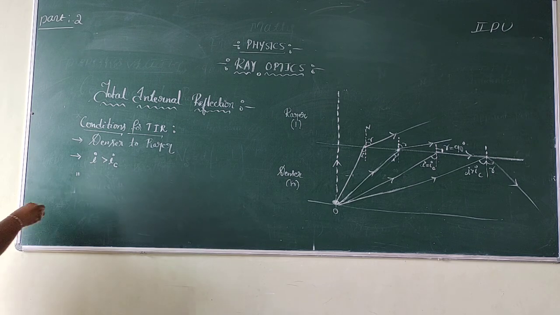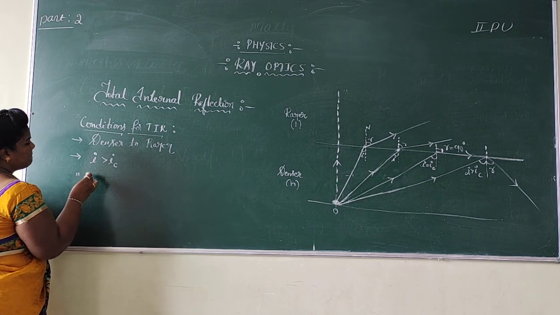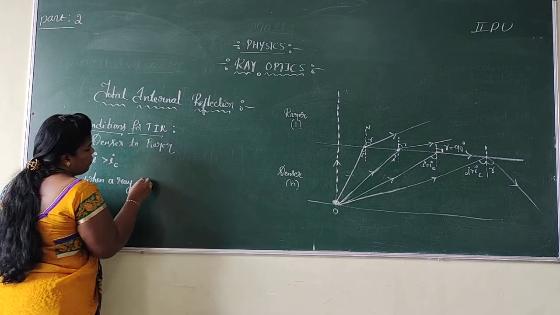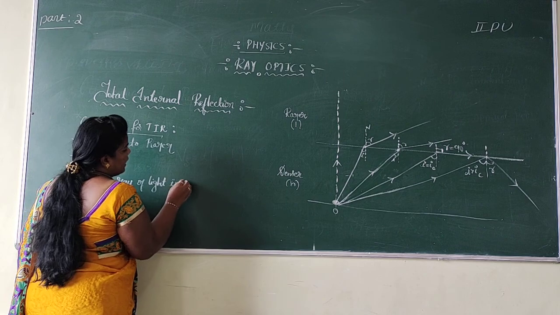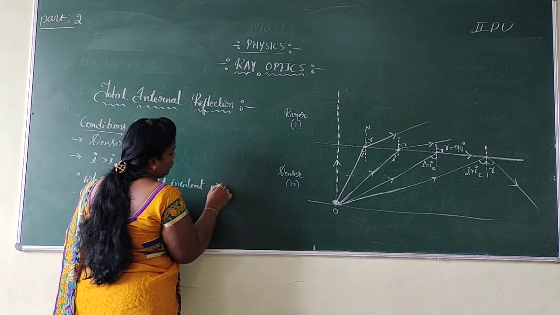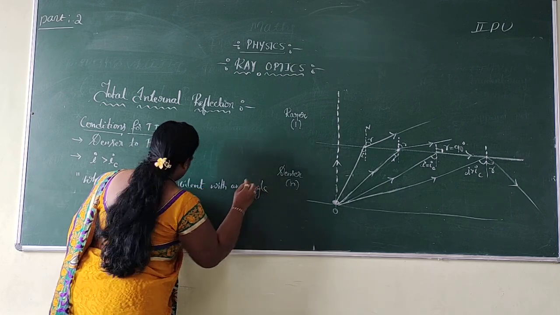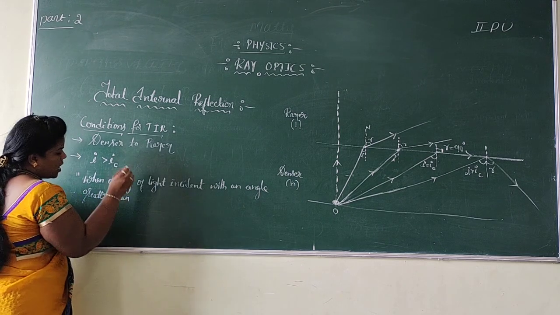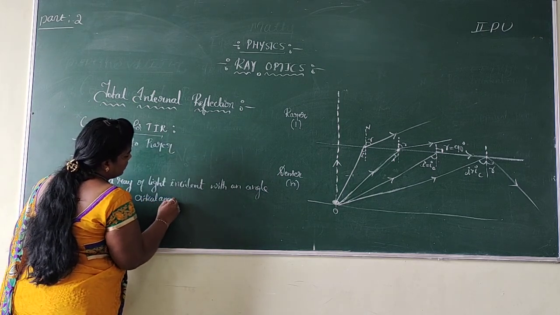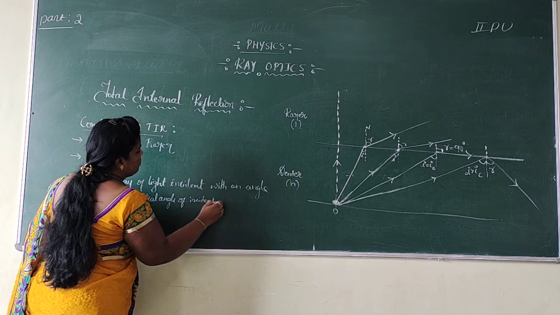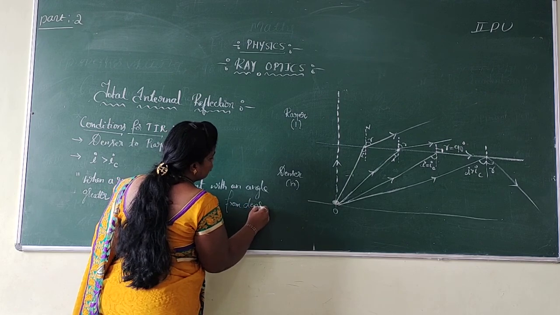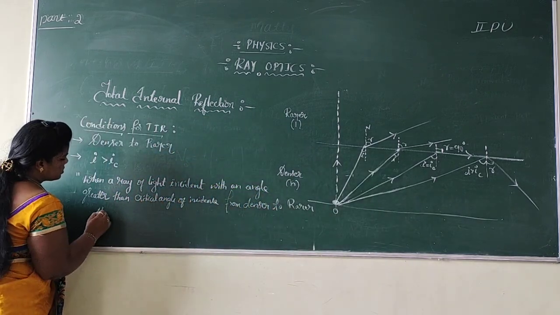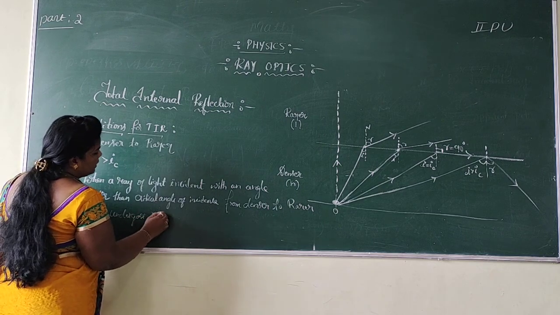Let us define this. When a ray of light is incident with an angle greater than the critical angle of incidence from denser to rarer medium, it undergoes total internal reflection.